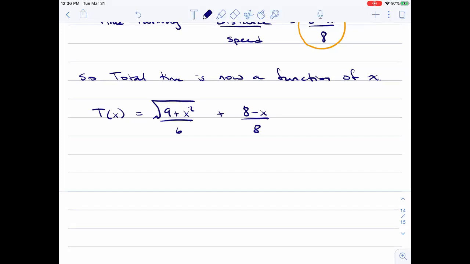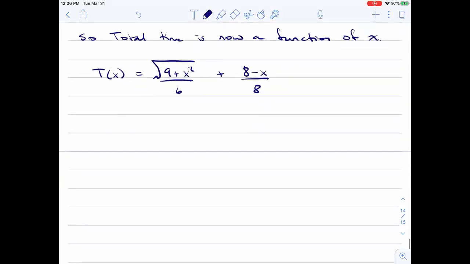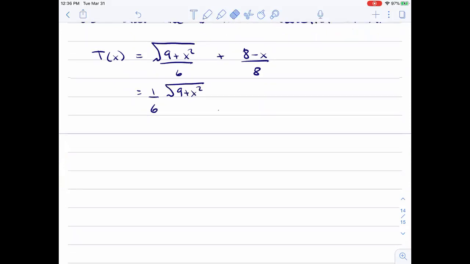To find the derivative of this thing, I'm going to split the 8 minus x over 8 and rewrite this so it's a little bit nicer to take the derivative of. So I get 1 over 6 times the root of 9 plus x squared, plus 8 over 8 minus x over 8, right?